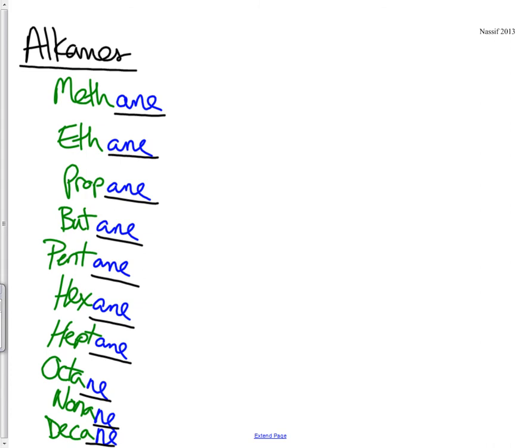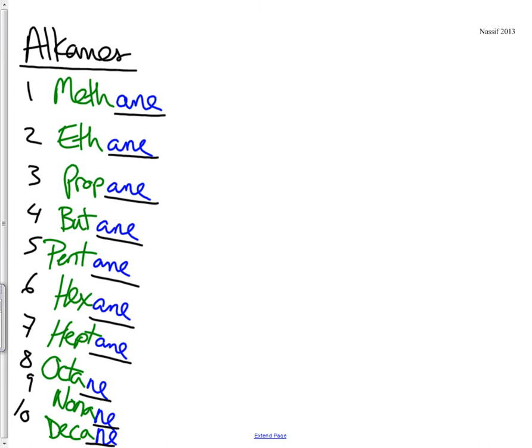Now, alkenes are our next group. But first we'll get into certain attachments and styles of attachments. Now keep in mind that for meth, this is 1 carbon, 2, 3, 4, 5, 6, 7, 8, 9, and 10.